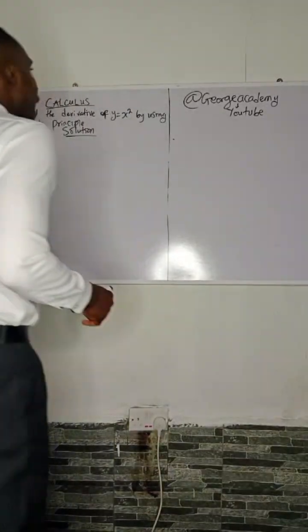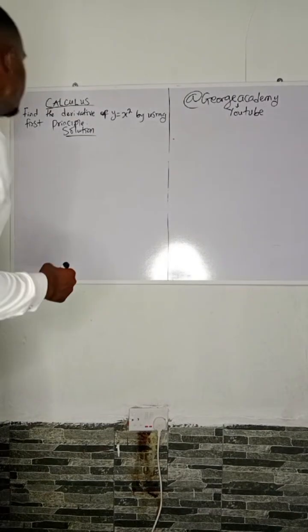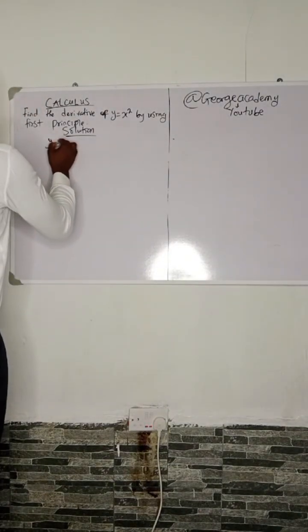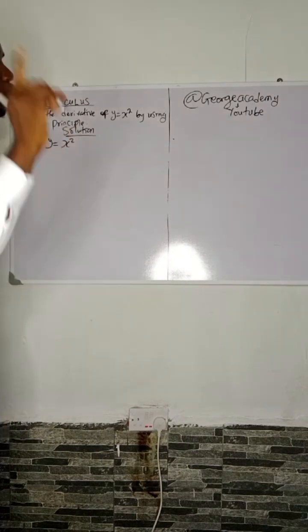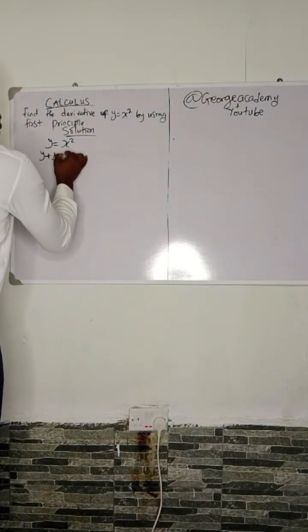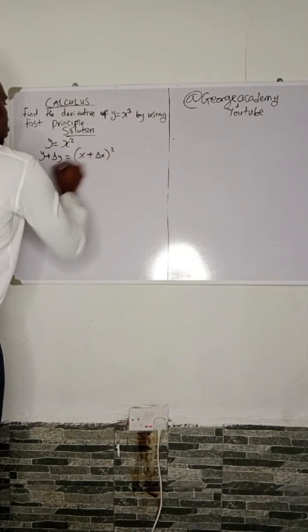It says that y is equal to x squared. We have to find the derivative using first principle. So y is equal to x squared. We are still going to do the same thing. Adding the small increment gives you y plus delta y is equal to x plus delta x, all squared.